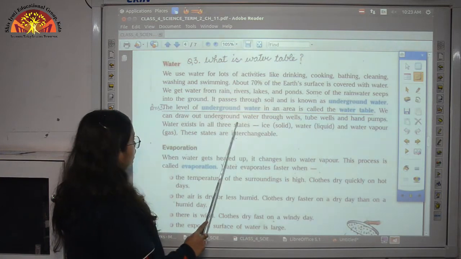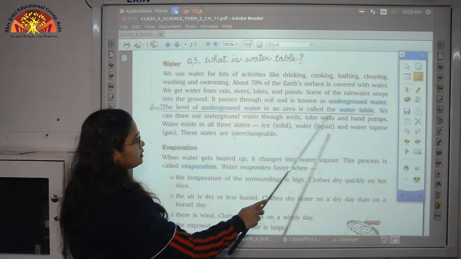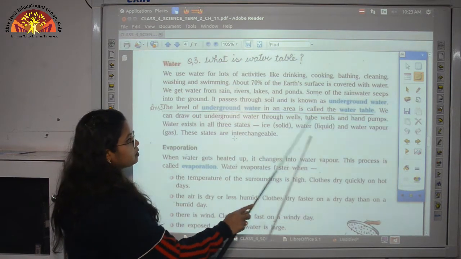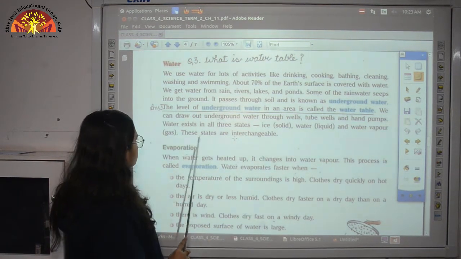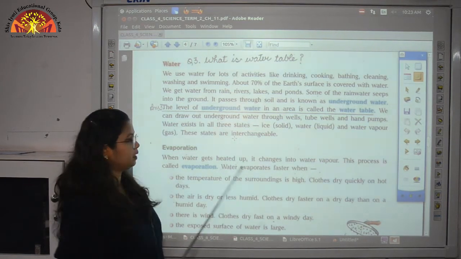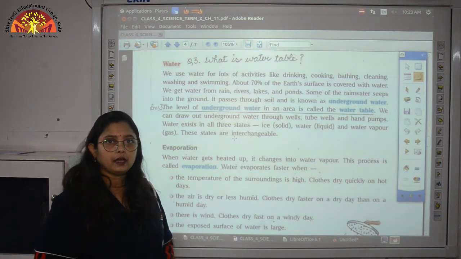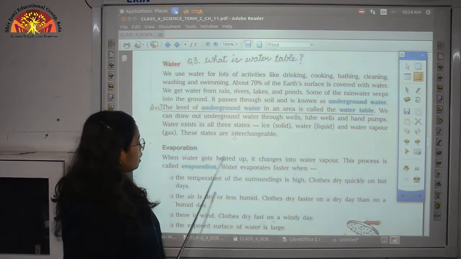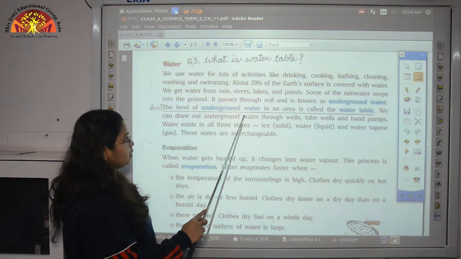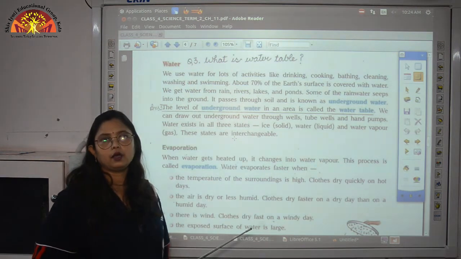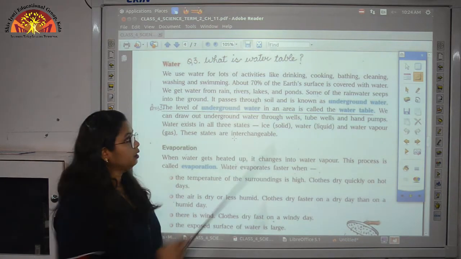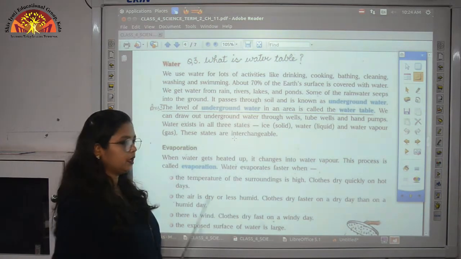We can draw out underground water through wells, tube wells and hand pumps.